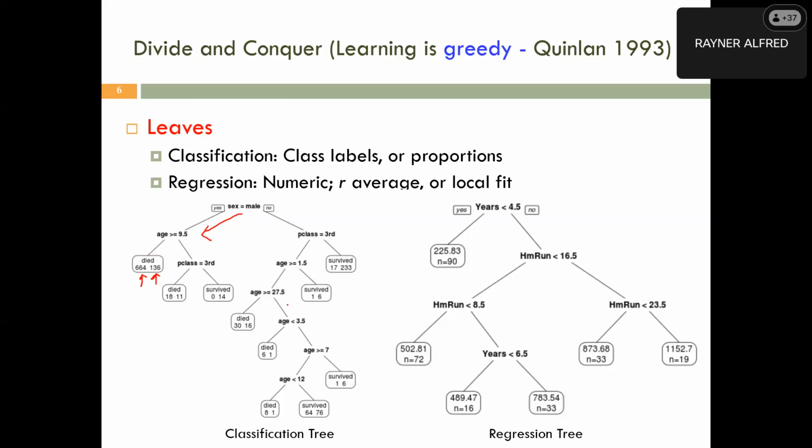So this is more into the Titanic case. So at the end here will be your leaf, your class label. Okay, die or survive. This is the classification tree.